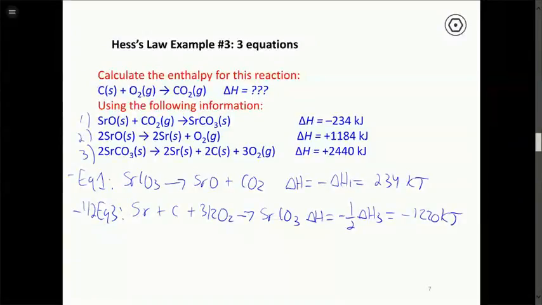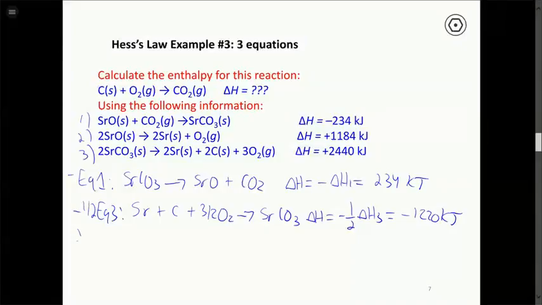Alright, we still see that these don't quite add up to give us the overall reaction. Strontium carbonate cancels out, so that works out. But we have strontium oxide that forms in this first reaction and is not canceled out in the second reaction. So we have to make sure that our intermediates that are left, SrO and Sr, cancel out properly. So that's what we're going to use the second equation for. The second equation has SrO as a reactant, so that'll cancel out with this as a product, but we also have to multiply the coefficients by 1/2.